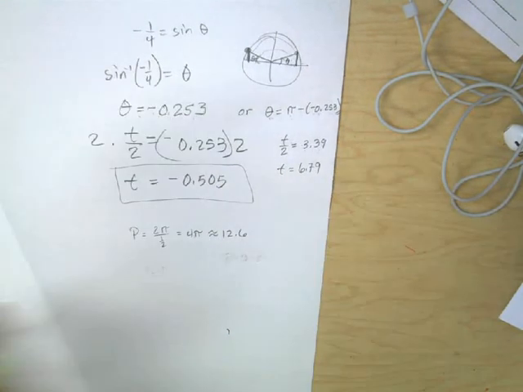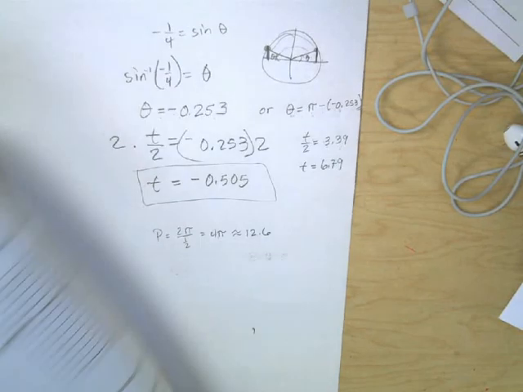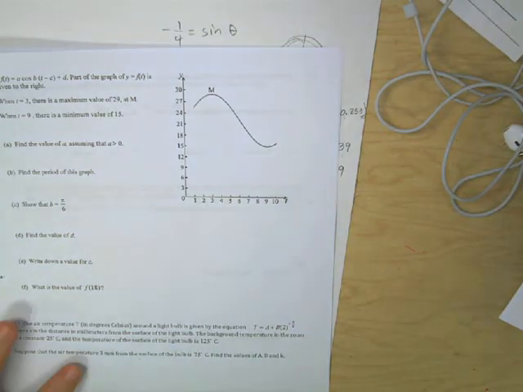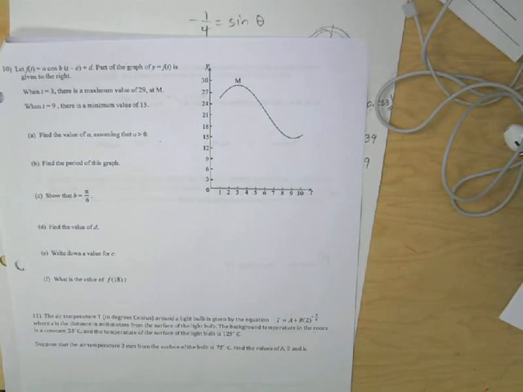All right, moving on. Next problem, number 10. Another sine wave, it looks like we got here. Oh, cosine wave. Okay, let f of t equal a times cosine b of t minus c plus d. Part of the graph is given where when t is equal to 3, there is a maximum value at 29.